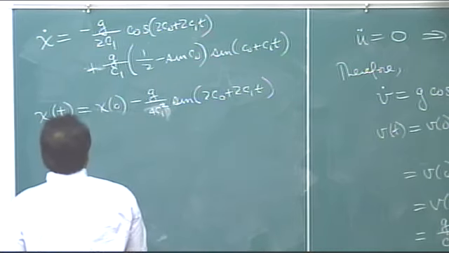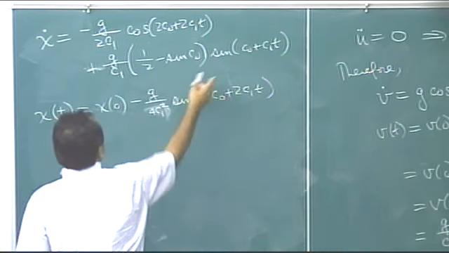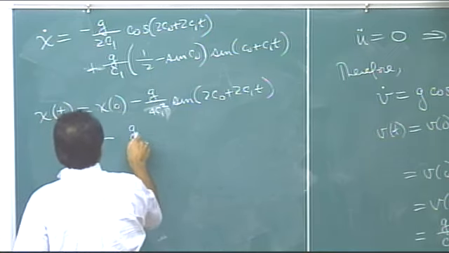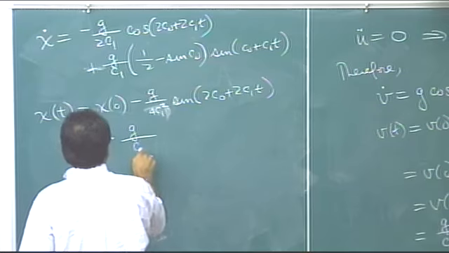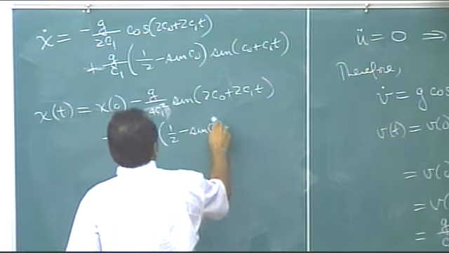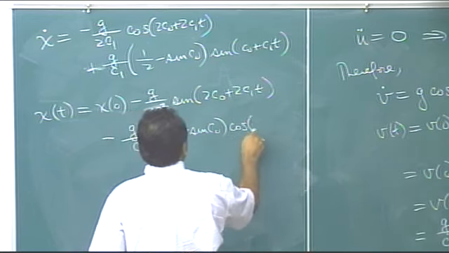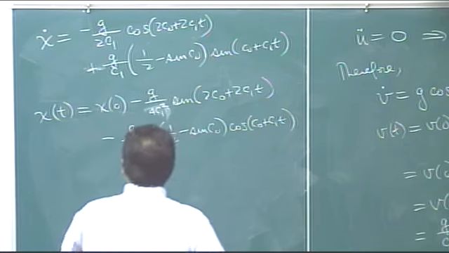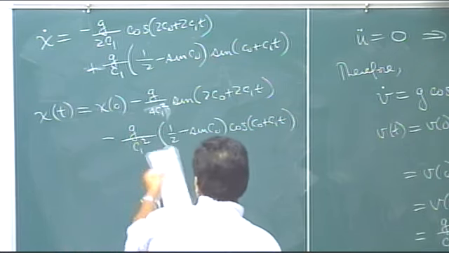That takes care of that, and then I've got the integral of sine, which is minus cosine, so I get minus g over c1 squared, and then I've got 1/2 minus the sine of c0, and then I've got cosine of c0 plus c1t. All right? So now I have an analytic expression for this, right?